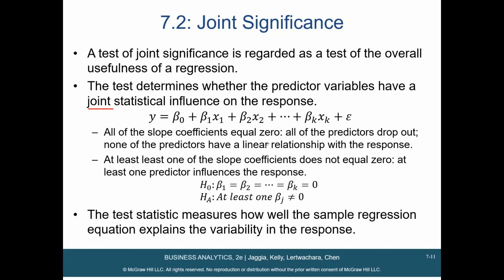Basically, if all the slope coefficients were to equal 0, all the predictors would drop out. In other words, if you just had a big cloud in every dimension, you can't see a trend.